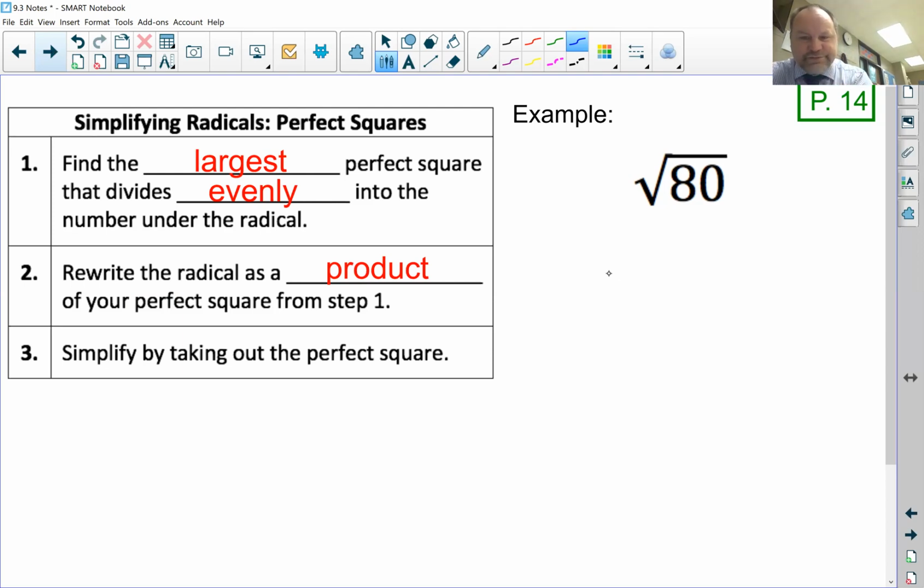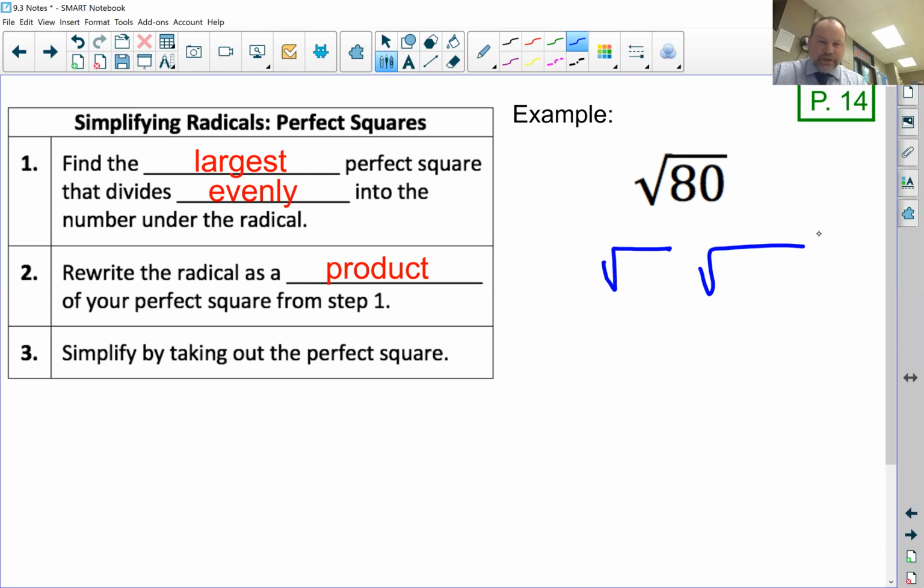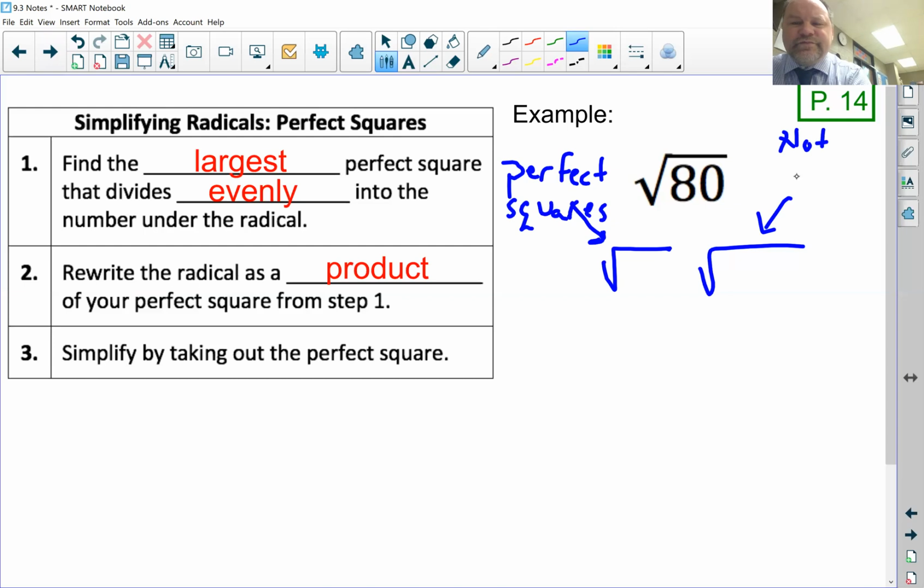So in this case, this says rewrite it as a product. What I like to do is rewrite it as 2 radicals. And this radical is going to contain only perfect squares. And this one will be the ones that are not perfect squares.